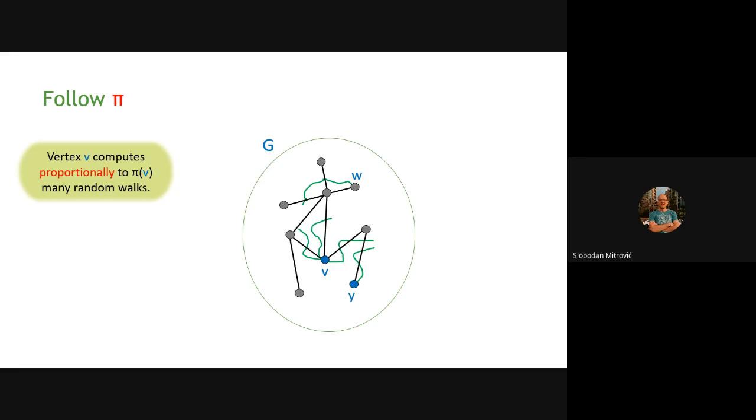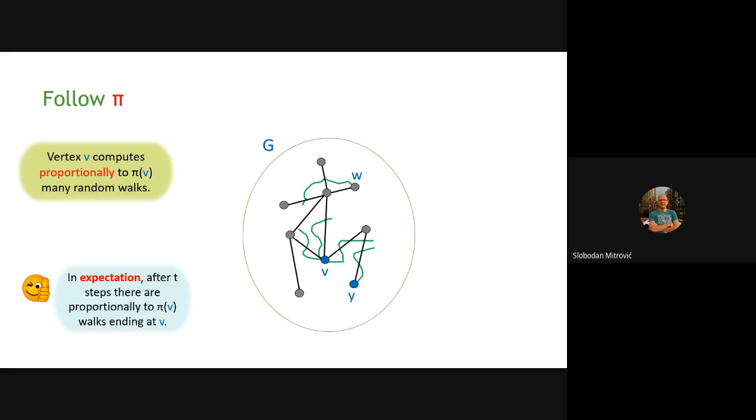So say pi of V times n, for every single vertex. And now the number of walks ending at a specific vertex will follow the stationary distribution, right? We know that in expectation it will follow the stationary distribution.